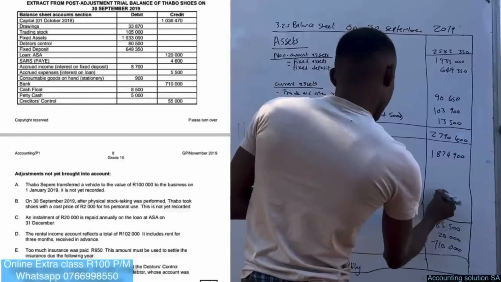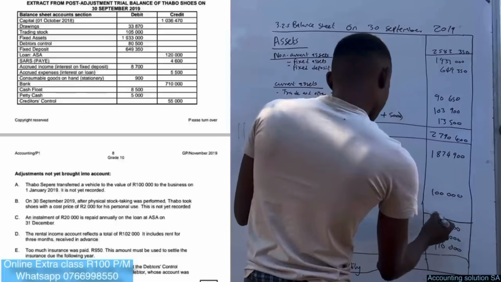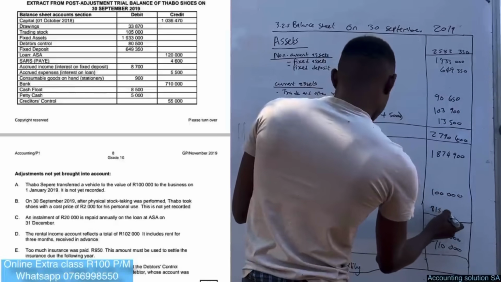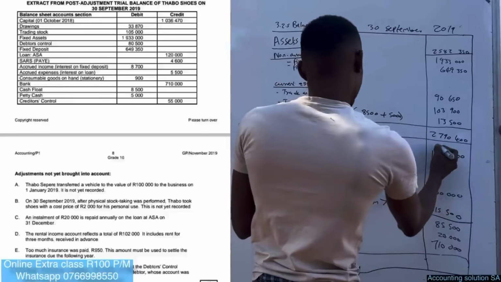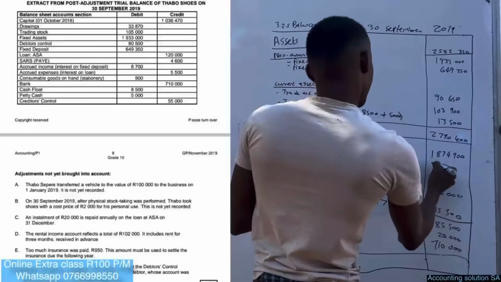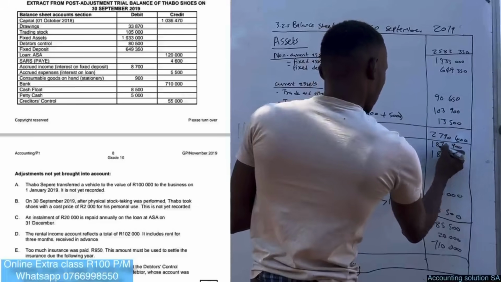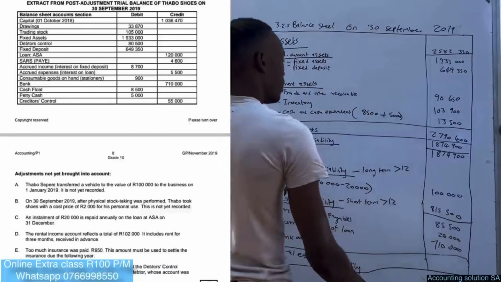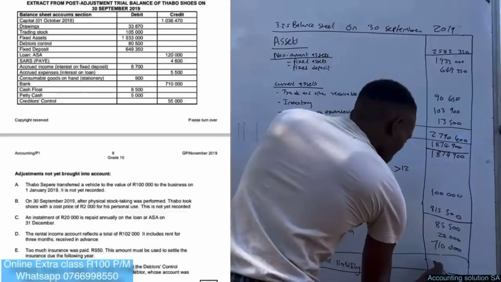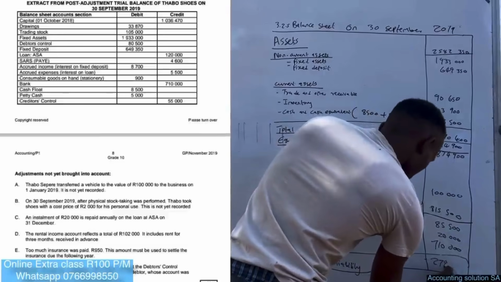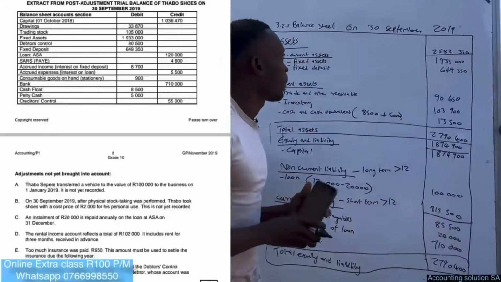Okay, this one is from here, 100,000. This side is 815,500, and equity is going to be the same amount of 1,874,900. Okay, then total assets is equal to total equity and liabilities, which is going to give us 2,790,400. That's how we conduct a balance sheet, guys.